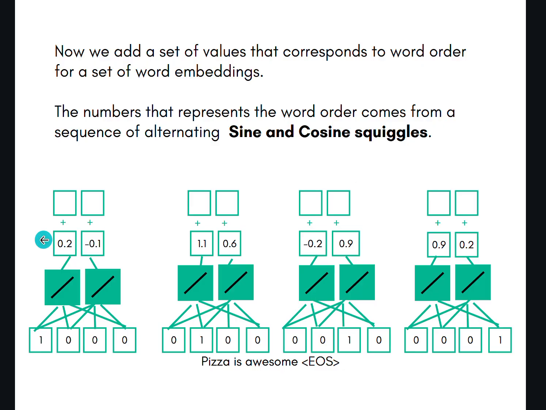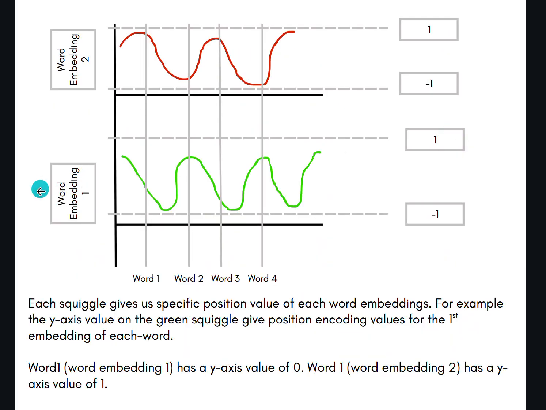So these are my word embeddings again, and here we are now going to fill it up with the sine and cosine squiggles, or the positional encoding values. There might be many different ways of doing this positional encoding, but the Attention Is All You Need paper talks about this technique, so we'll stick to it. So we had word embedding 1, word embedding 2, and then we have a sine and a cosine graph.